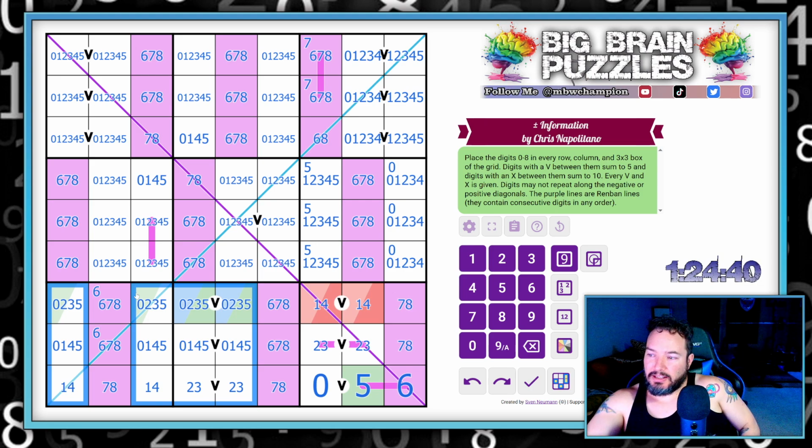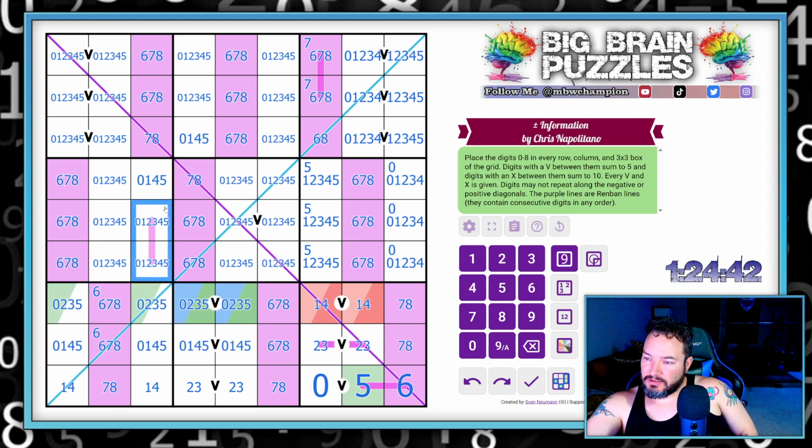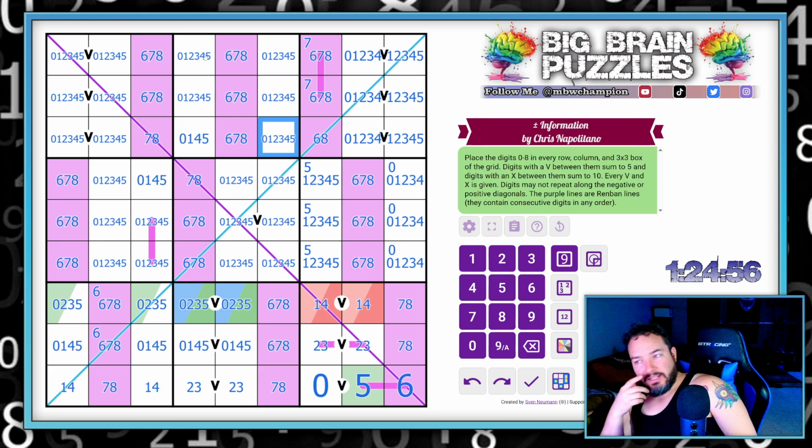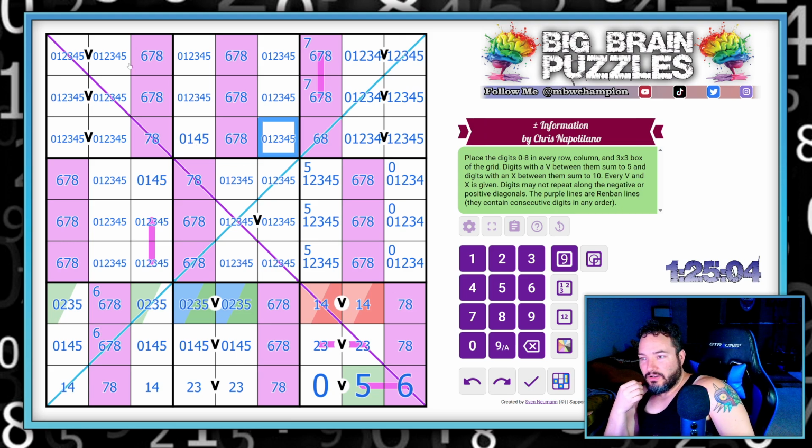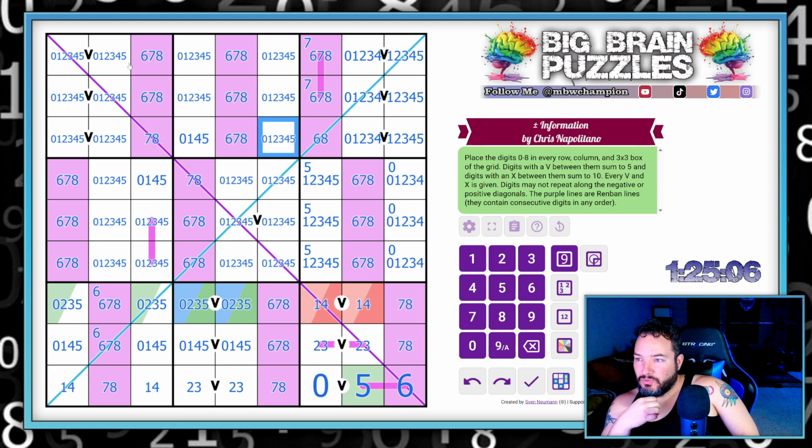I had to think a little bit of how I was going to determine this, and then once you determine this part and know that this is also going to be a V within this, not a V, but like this plus this is 5, this plus this is 5, then it goes, okay, I think I know how to get it, which dwindles it down to start getting which ones are the 0, 5, which ones are the 1 plus 4s, which ones are the 2 plus 3s.